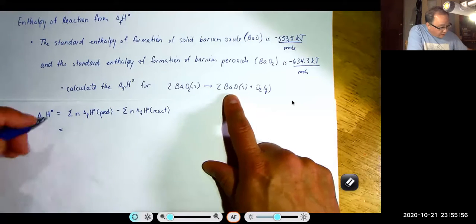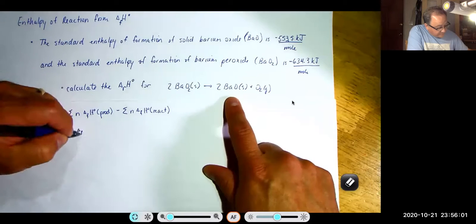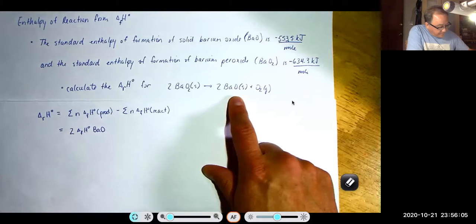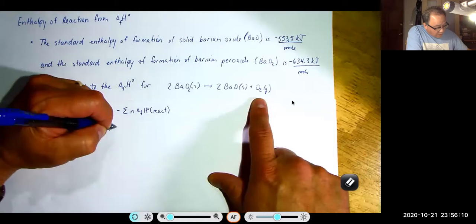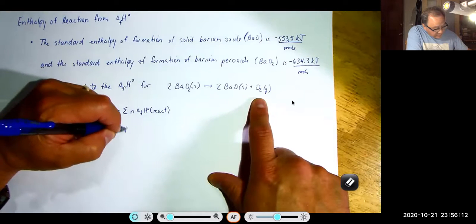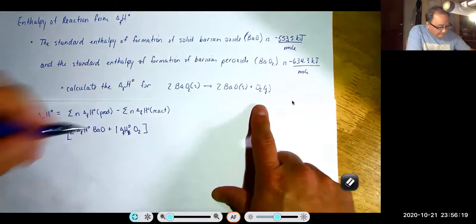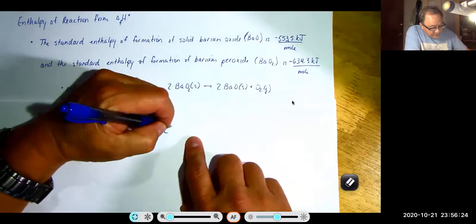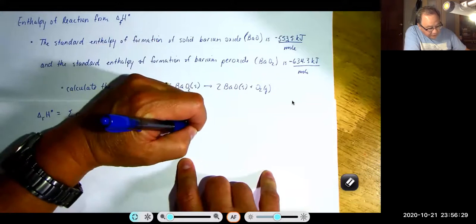We have 2 moles of barium oxide plus, and I'm going to put brackets around this, 1 mole of oxygen. Okay, minus 2 times the enthalpy of formation of barium superoxide.